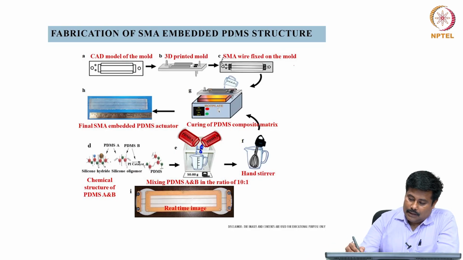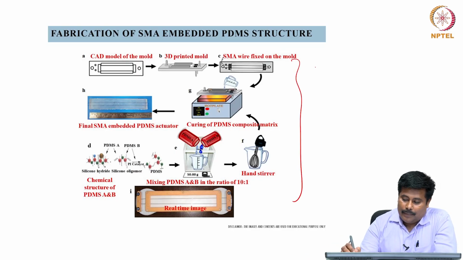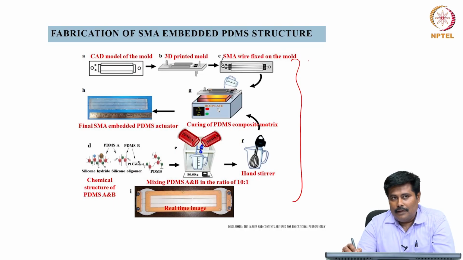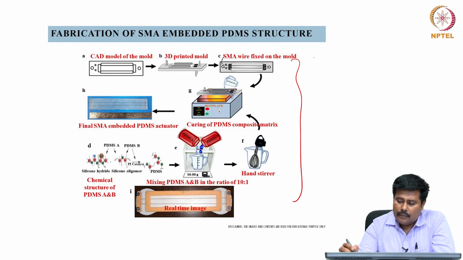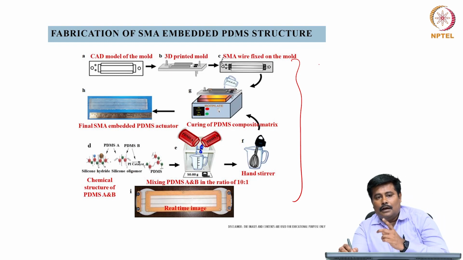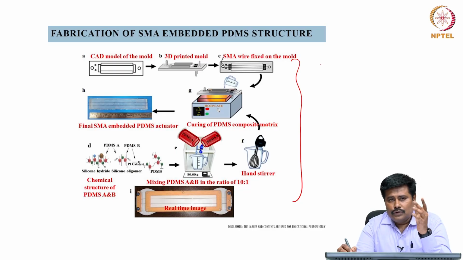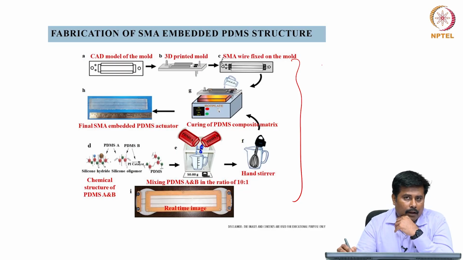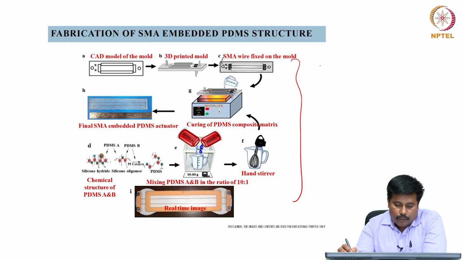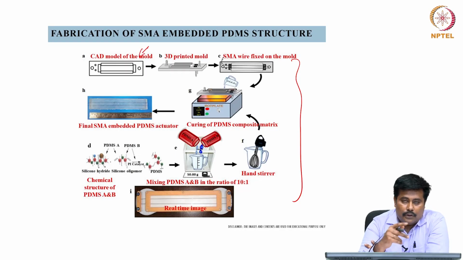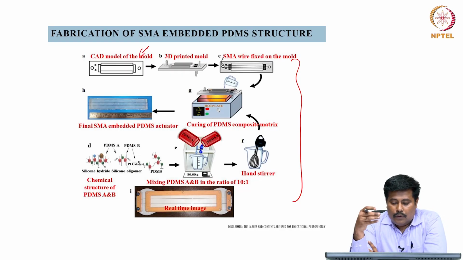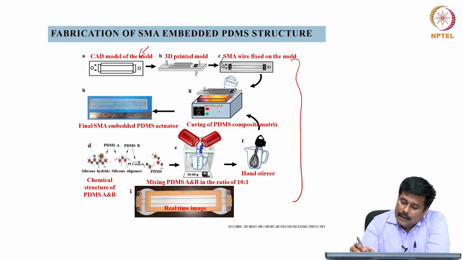Now let me take a simple case study where an SMA embedded structure is fabricated with PDMS. PDMS is a jelly kind of structure. It's a soft structure which is used for biomimicking related applications, or for soft robotic applications, etc. First, we print the mold using CAD, and then these molds are 3D printed, and inside this 3D printed structure we integrate an SMA wire.